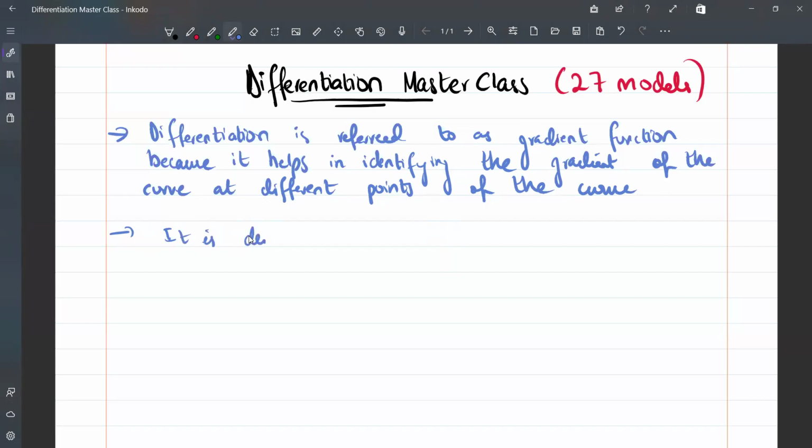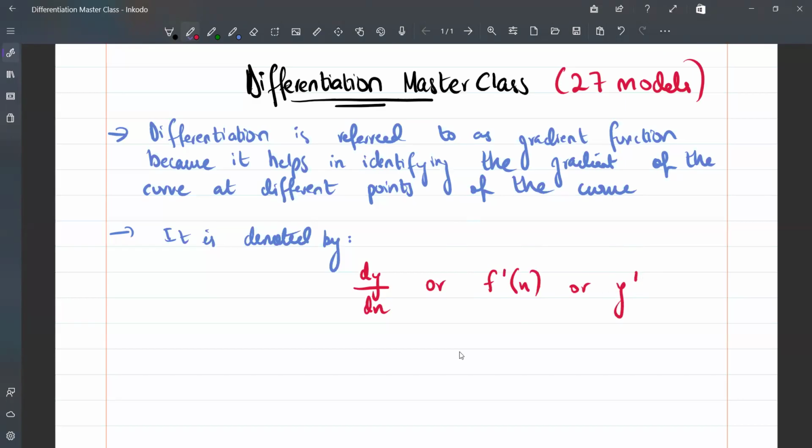It is denoted by dy upon dx, or f dash x, or simply y dash.